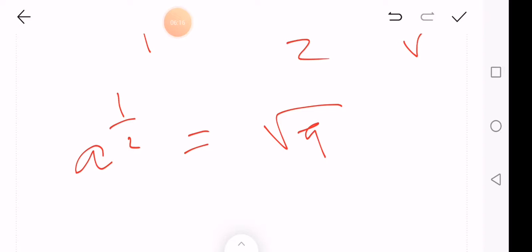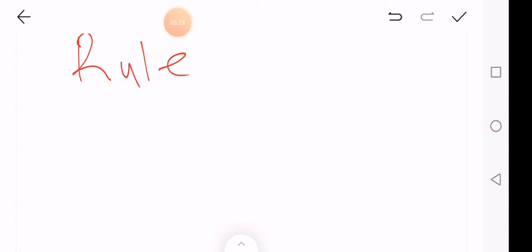Now let's just generalize. This is our rule, rule number 6.